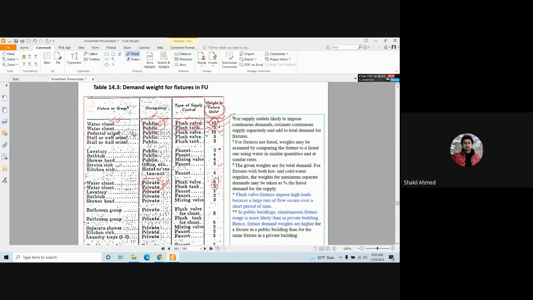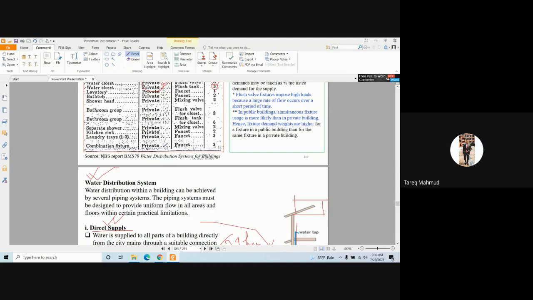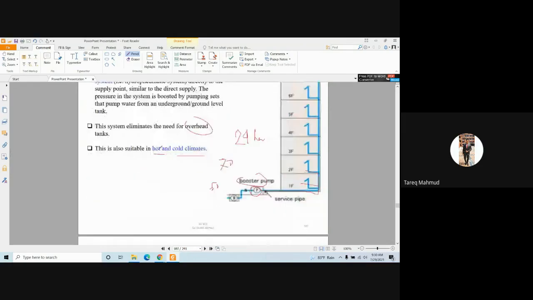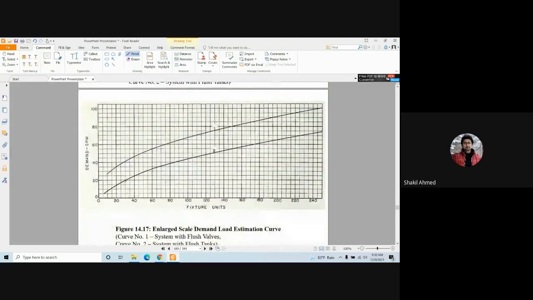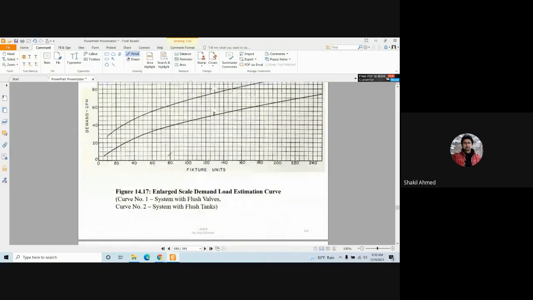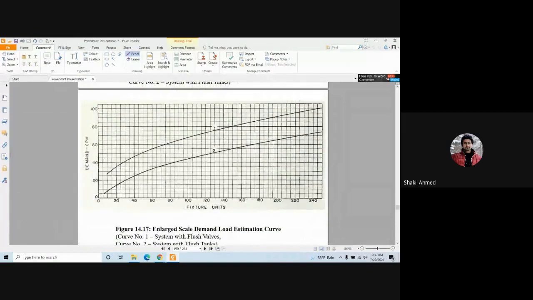How many fixture units for this? 10. 10 fixture units. So if you go to this figure, same as this figure, if you go here, 10 may be here, right?